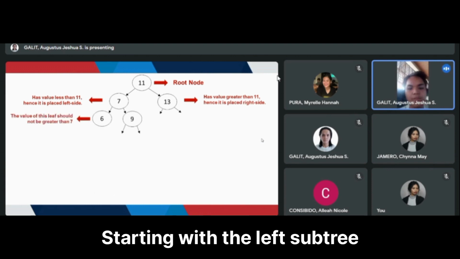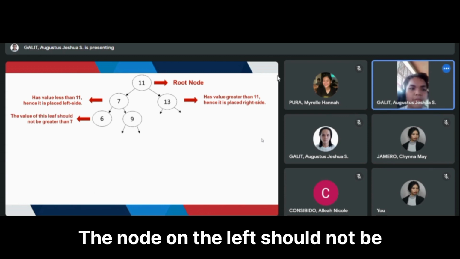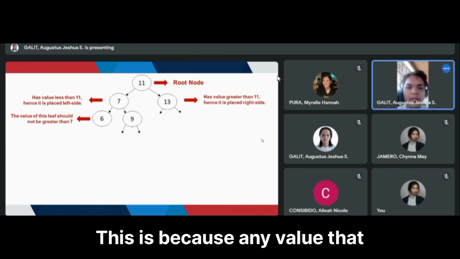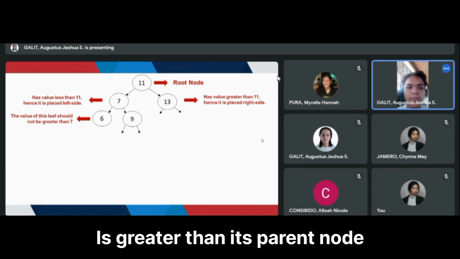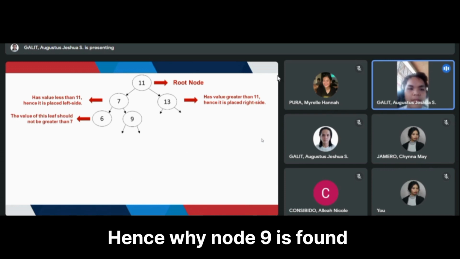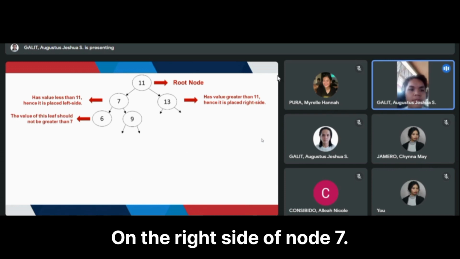Starting with the left subtree, the node on the left should not be greater than the parent node, which is 7. This is because any value that is greater than its parent node should be placed on the right. Hence node 9 is found on the right side of node 7.